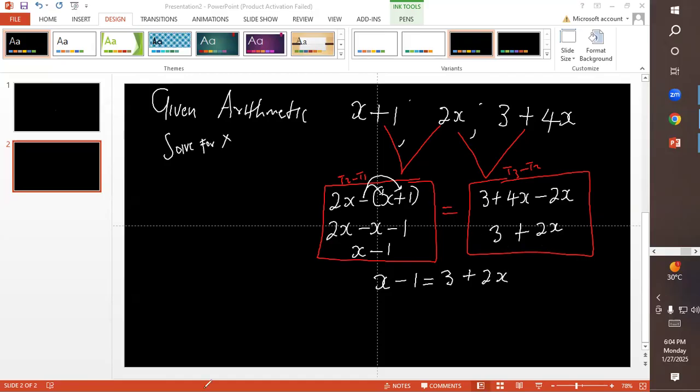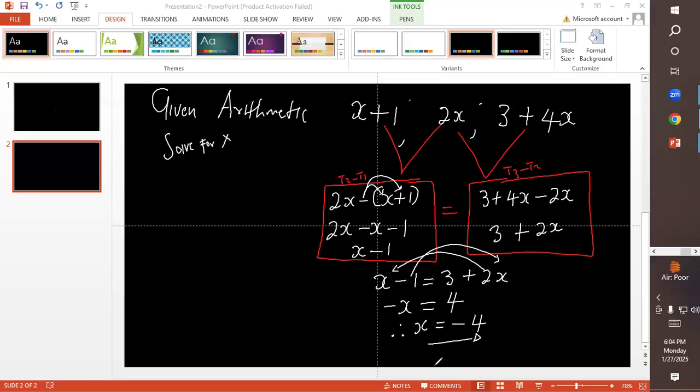Now you can group like terms. Take 2x to the left side: x minus 2x is minus x. Take minus 1 to the right side: 3 plus 1 is 4. Therefore, the value of x is negative 4.